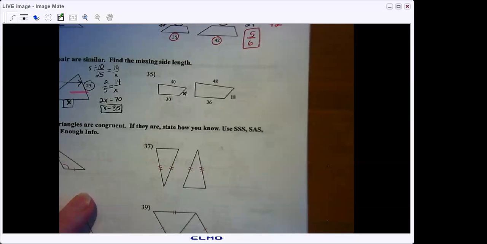Okay. So Alex, now that you have the scale factor, go ahead and set it up to find the missing side. Some people already have, and their answer is correct. Good.